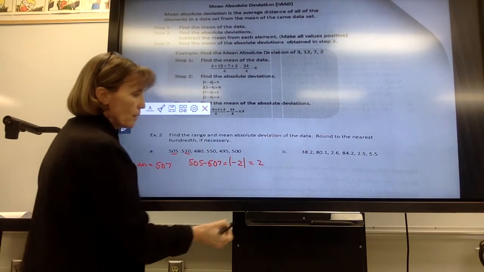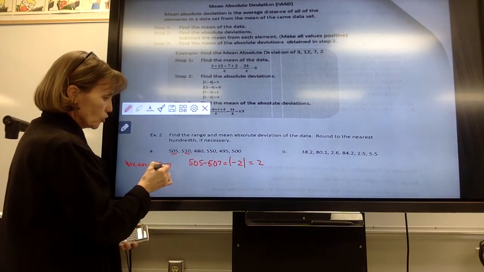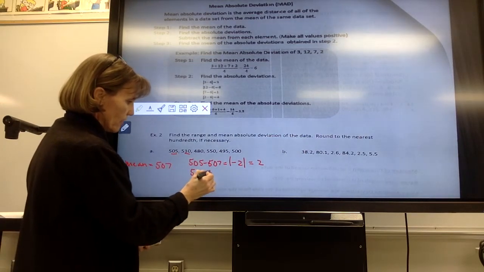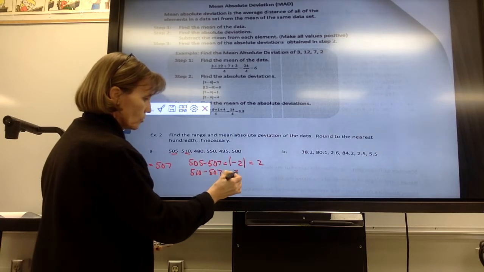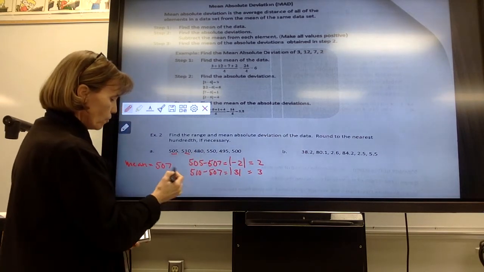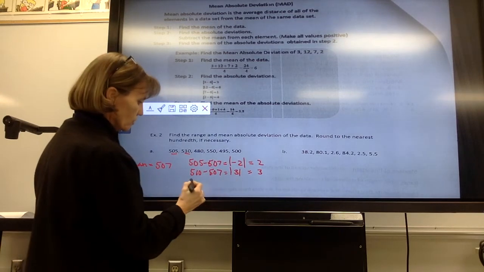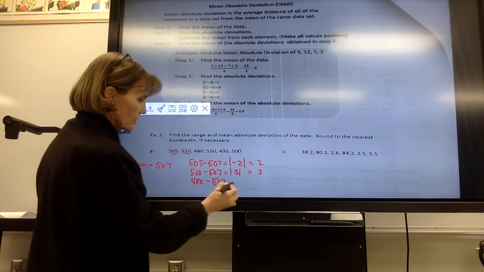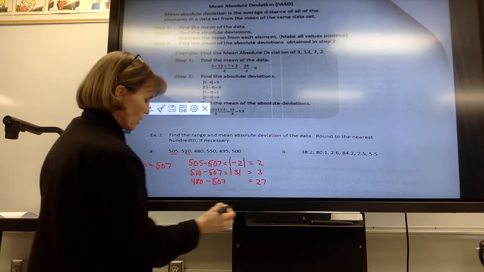We're going to work in terms of positive numbers. So this value is 2 different. 510 minus 507 is equal to 3, and we're going to take the absolute value of that, so it's still 3. 480 minus 507 has a difference of 27.